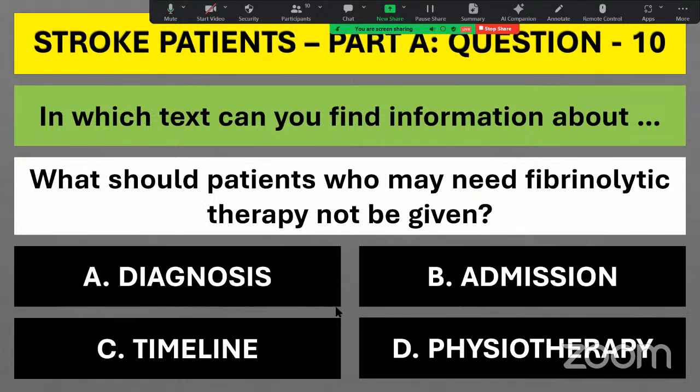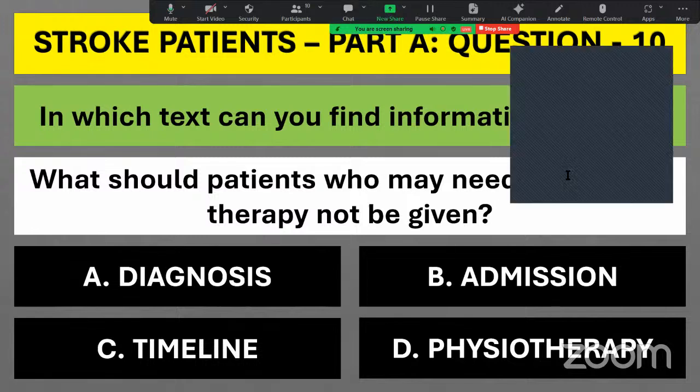Now you will find this information in text A or B or C or D. So question number 10. Where will you find this information?